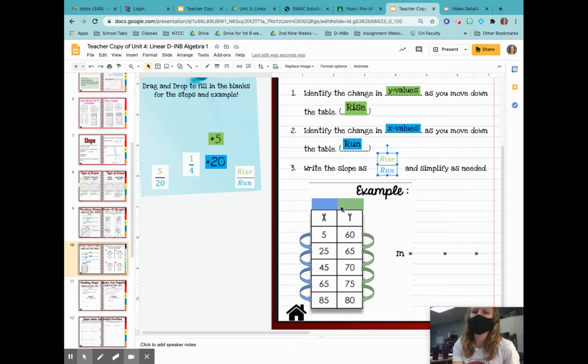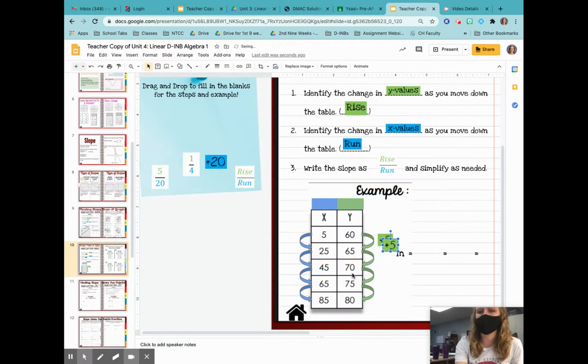So let's look at this first table. We're going to find the change in the y values. The y values are on the left side of the table. So let's see, how much does it change going from 60 to 65? 5, and it's a plus 5, right? What about from 65 to 70? I'm still on the y's.